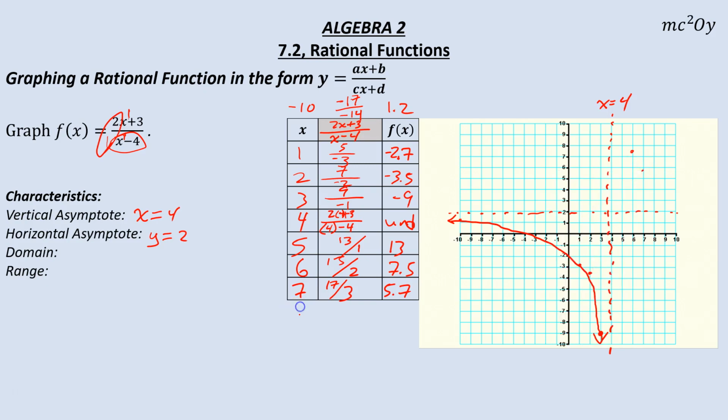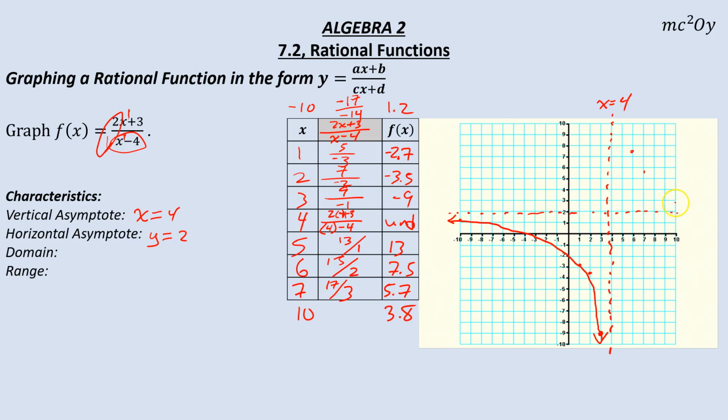And in fact, if we were to put in 10, that would actually be 23 over 6, which is almost 4.